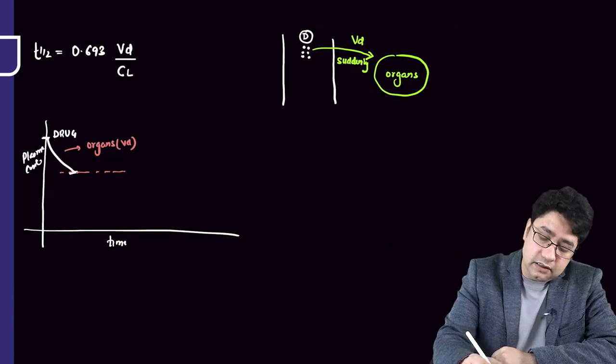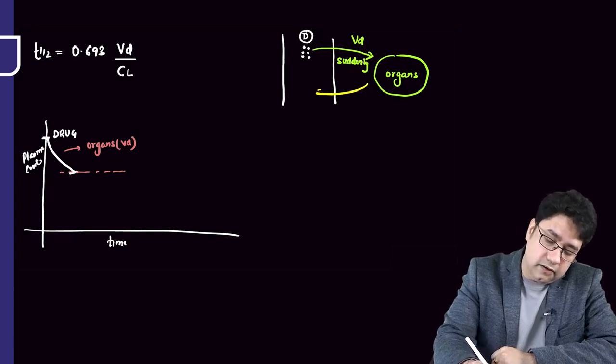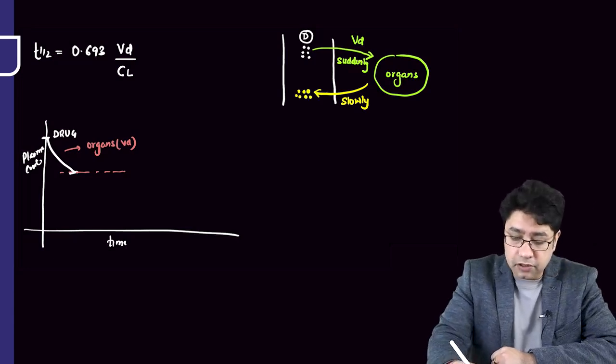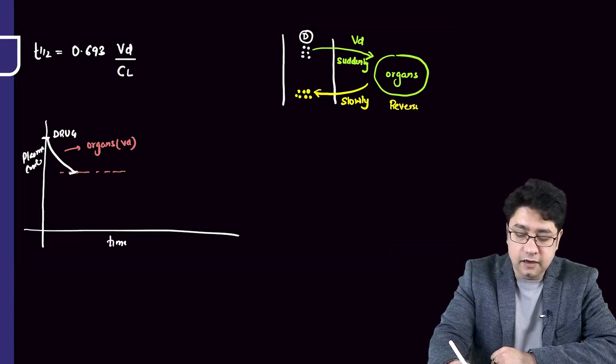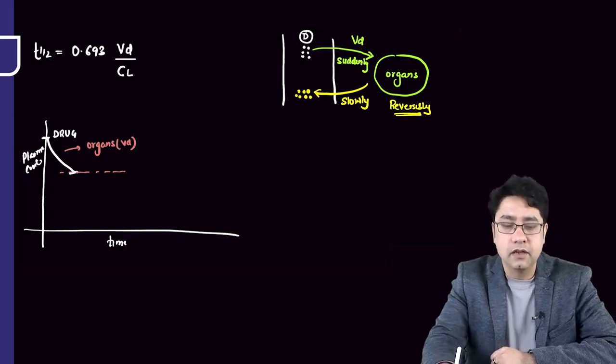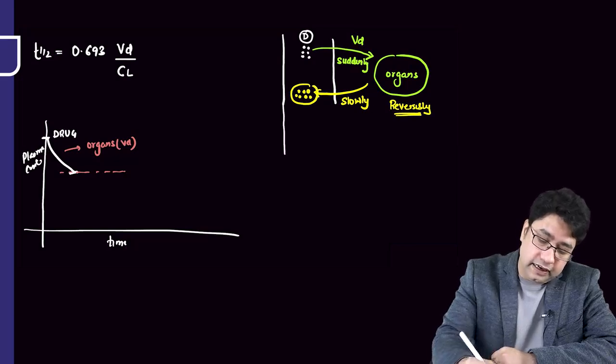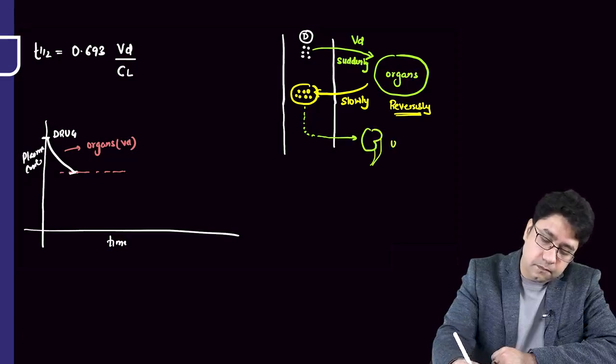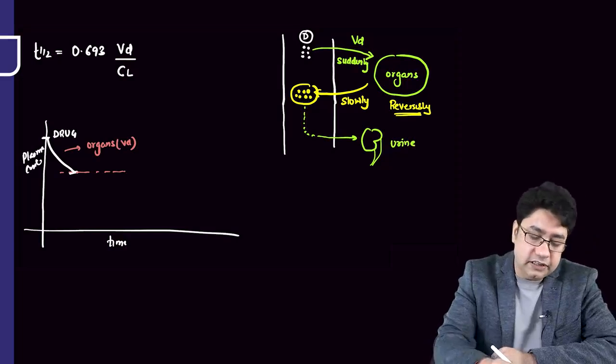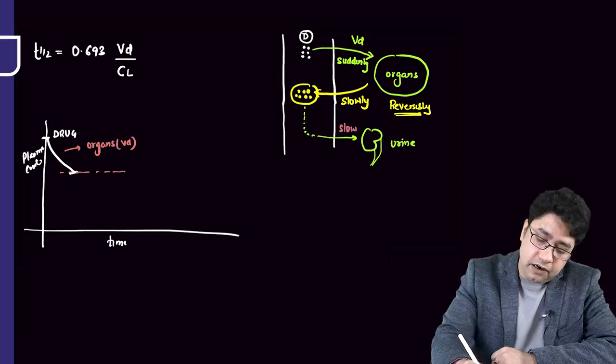Now what happens? This drug gets slowly exchanged, and now this drug slowly and slowly comes back into the plasma, because most of the drugs are reversibly attached to organs. Now the drug which is slowly entering into the plasma will slowly be excreted out into the urine, and the power of an organ to eliminate a drug is known as CL.